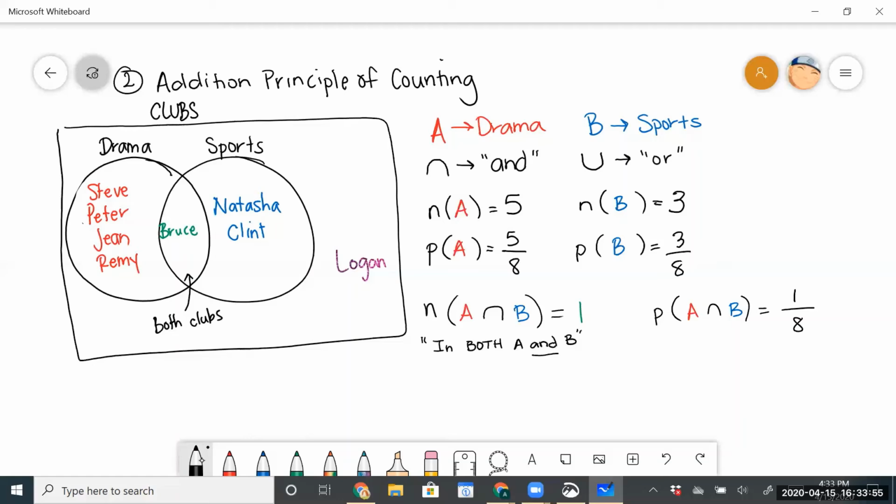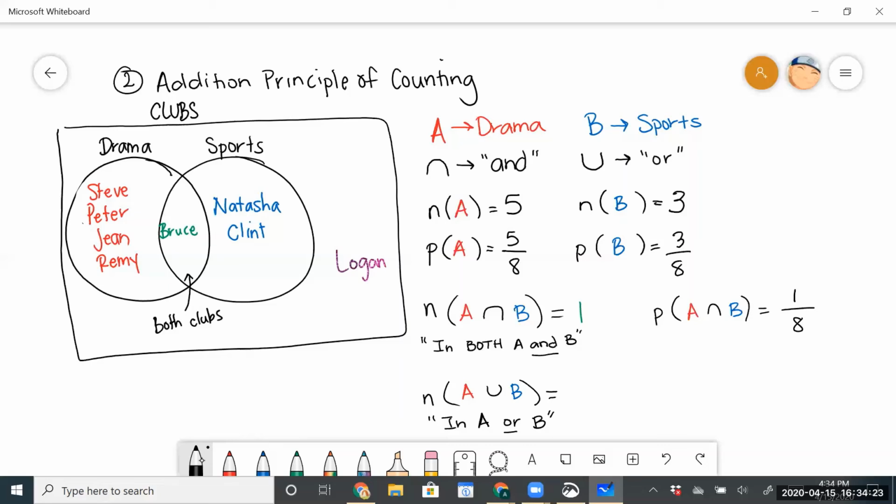Let's think about the next possibility because we had another symbol, the symbol or. Let's think about A or B. What does that mean? Really, it means that you can be in either drama or sports. And how many people are in either drama or sports?